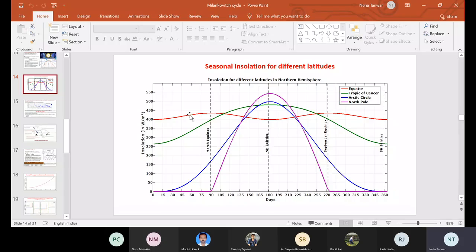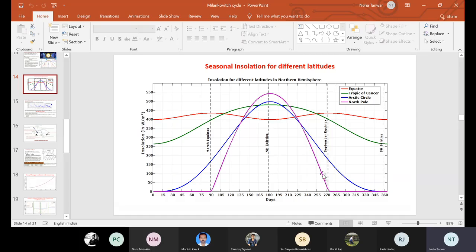If you can see, at the equator the temperature is less, and the temperature at the Tropic of Cancer and Arctic Circle is way more than at the equator. But if we take the average, the equator does not have much variation temperature-wise, but other latitudes have a huge variation. So overall, if we take the average for a year, the equator is going to be heated up more. That's why it's a kind of constant low pressure zone at the equator. But it does move, that is the ITCZ, but we don't need to go into that.